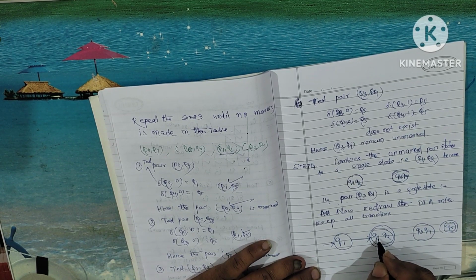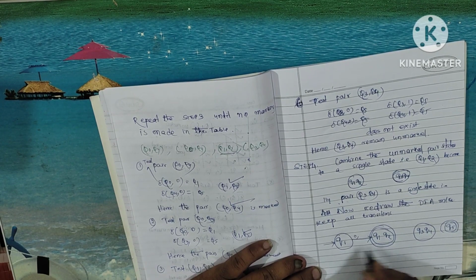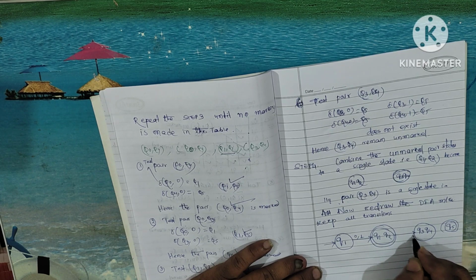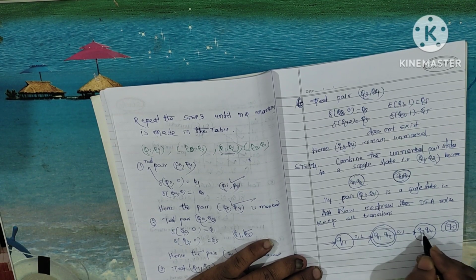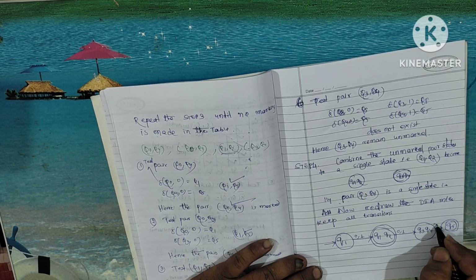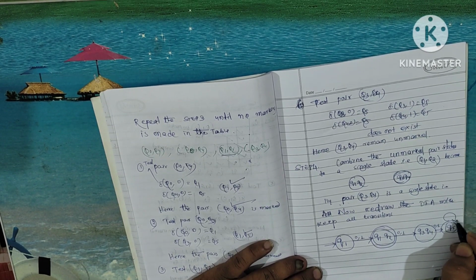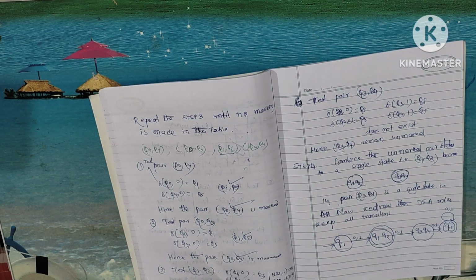Q0 on input 0, it is going to Q1. Q0 on input 1, it is going to Q2. Similarly, Q1, Q2 on transition 0 and 1 goes to Q3, Q4. Q3, Q4 on input 0 and 1 goes to Q5, and there is a loop here on input transition 0 and 1.